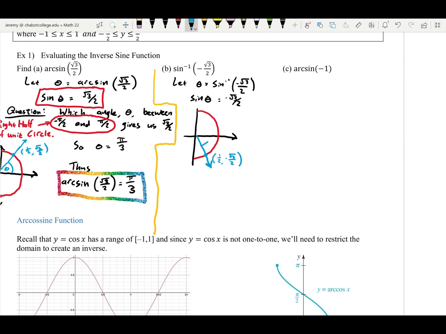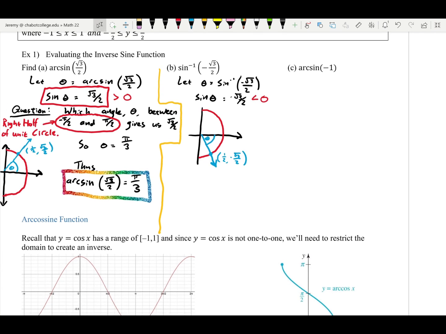Okay, this angle right here, theta, is negative pi over 3. The main difference here is this output value is less than 0, compared to the previous example where the output value was greater than 0. So you could think about this like all students take calculus, right? Everything is positive up there. Down here, this is where cosine is positive, but sine is going to be negative, right?